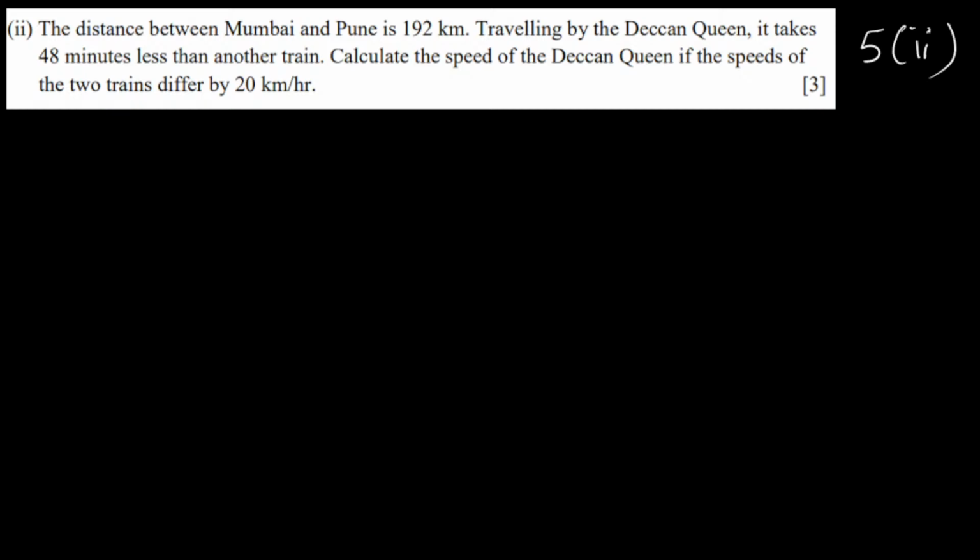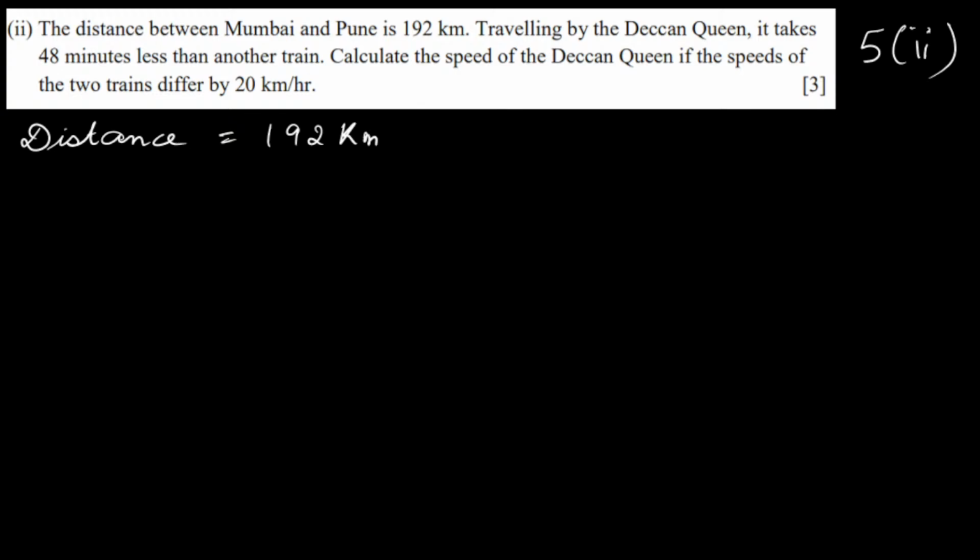So what is given to us? Distance between Mumbai and Pune is 192 kilometers. So we have to write distance is equal to 192 kilometers. Traveling by Deccan Queen, it takes 48 minutes less than another train. So a time difference is given to us.